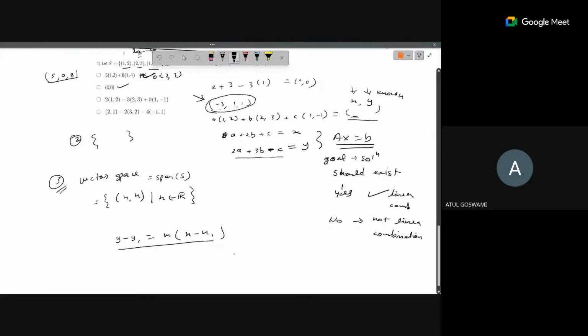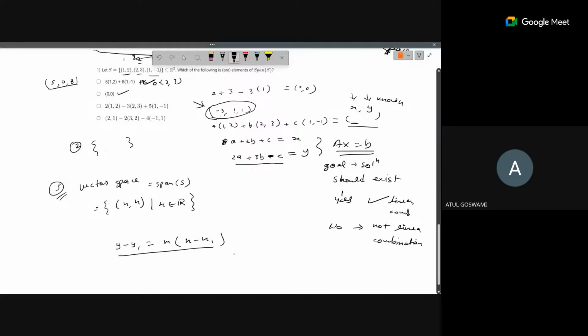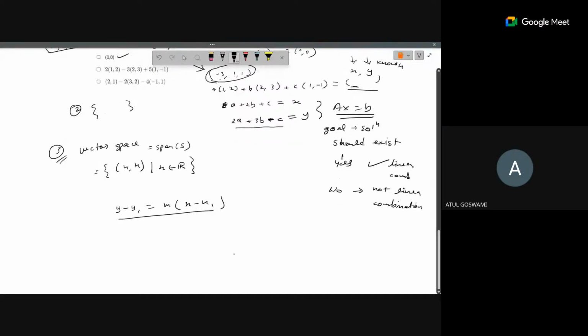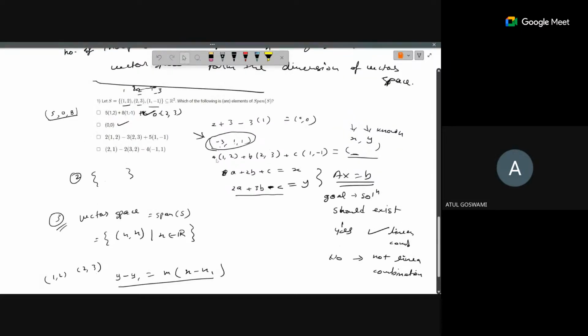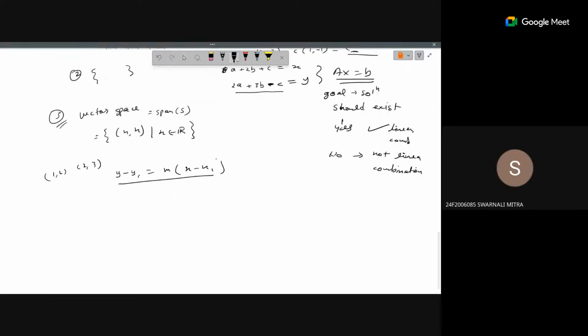Suppose we take these two vectors, 1 2 and 2 3, the first two vectors. They are independent, right? Yes, they are independent. Then we find the equation of a line.